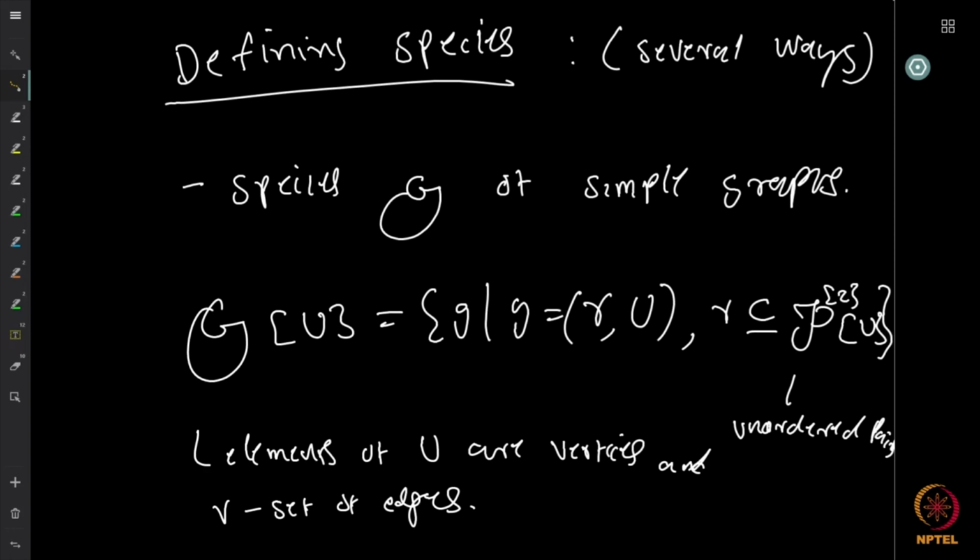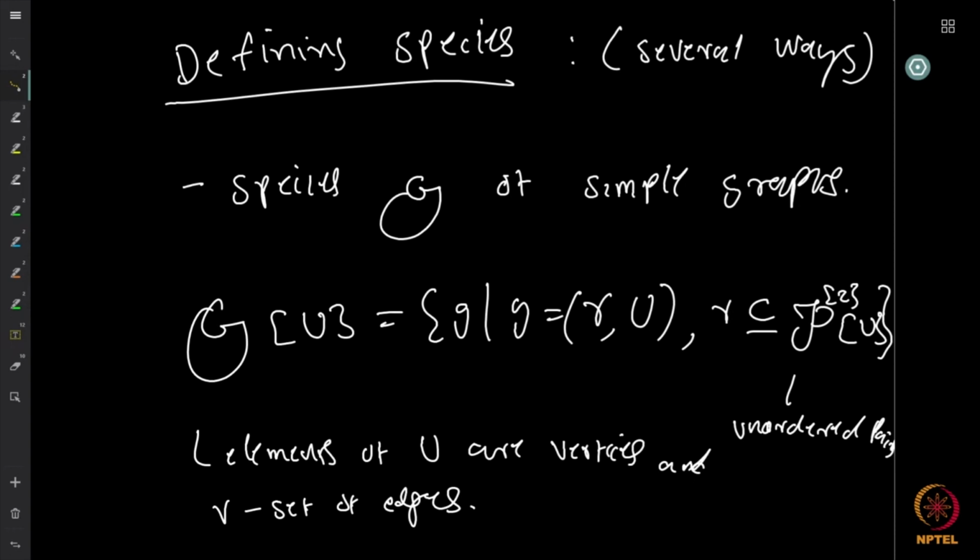This is given by the set of all g such that g is equal to gamma comma U, where gamma is a subset of two-element subsets of U, unordered pairs of U. So gamma is basically the set of edges, and elements of U form the vertices of the graph.